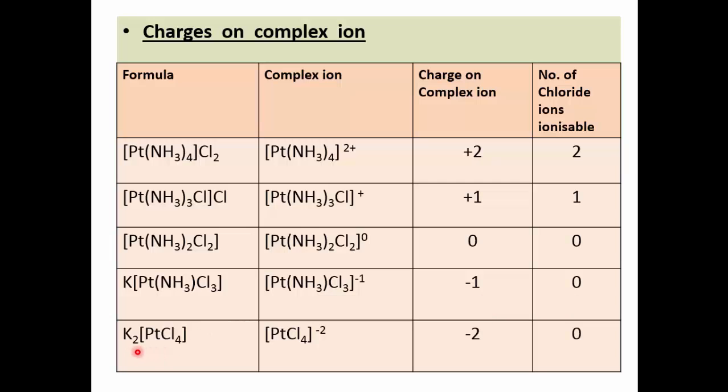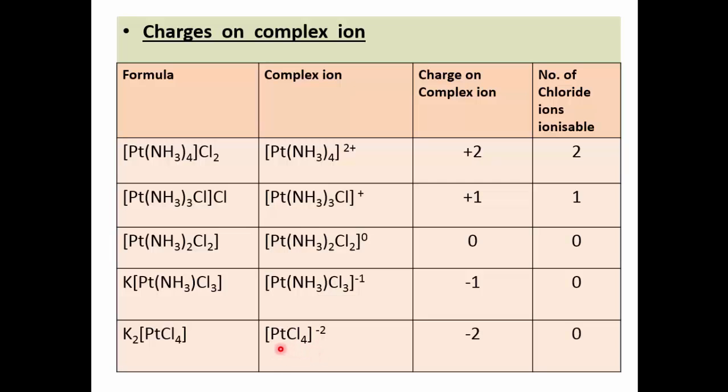One more, K2PtCl4. To this platinum 4 chloride ions are directly attached. Now the chloride ions act as secondary valency, therefore the charge on this square bracket is plus 2 minus 4, it becomes minus 2. This is the charge on this complex ion.